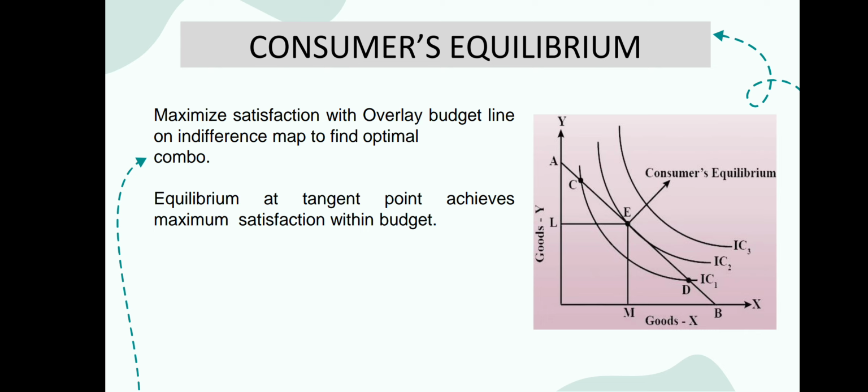Consumers equilibrium maximizes satisfaction by overlaying the budget line on the indifference map to find the optimal combination. Equilibrium at the tangent point achieves maximum satisfaction within budget. So it's important to understand what is indifference curve and what is budget line.